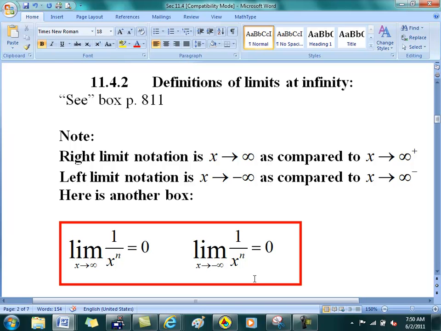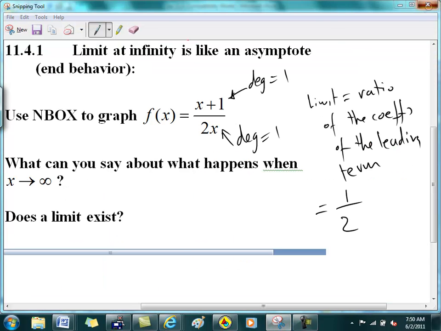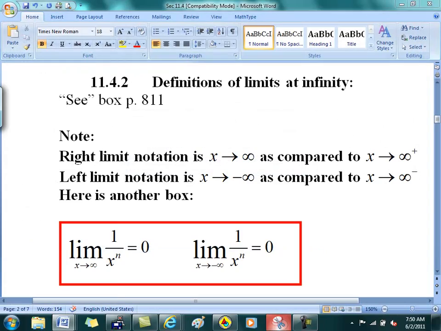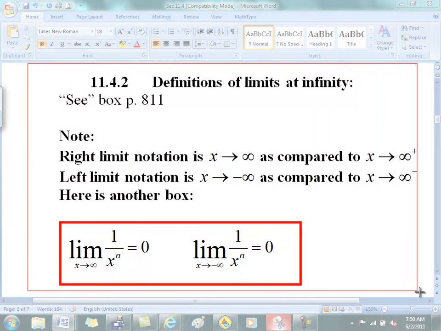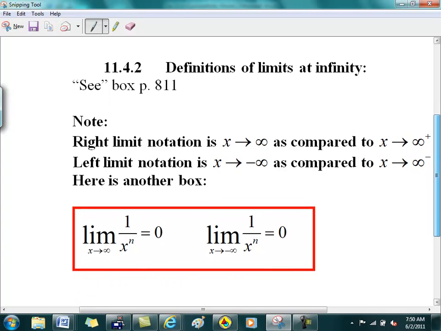All right, I mean, that's pretty simple notation. Couple of other things on the slide here.